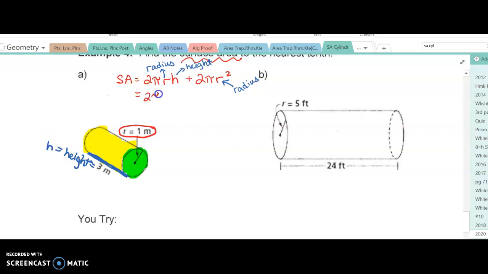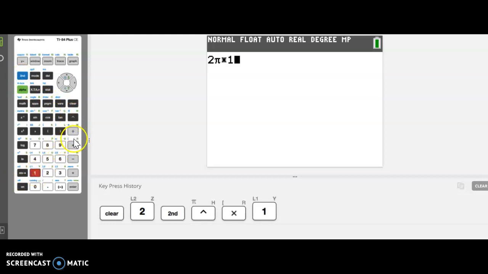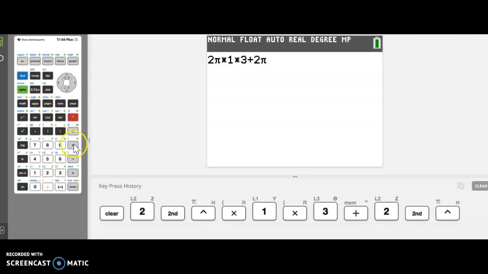When we enter that into the formula, we say 2 times pi times 1 times 3, plus 2 times pi times 1 squared. So let's put this in the calculator all in one step. 2 pi times 1 times 3, plus 2 pi times 1 squared.